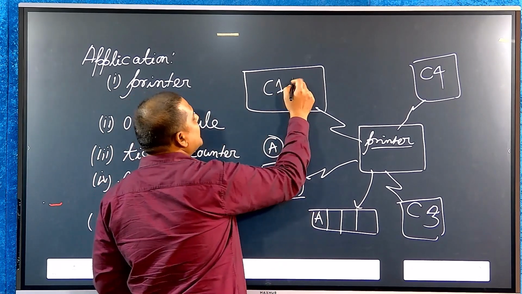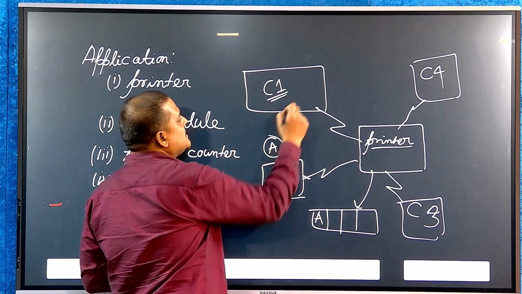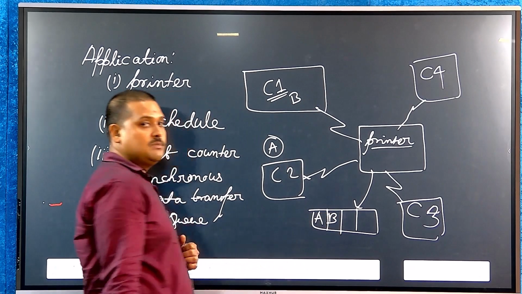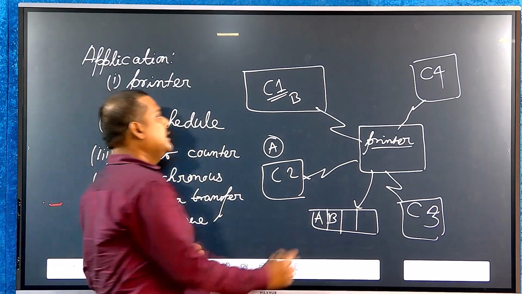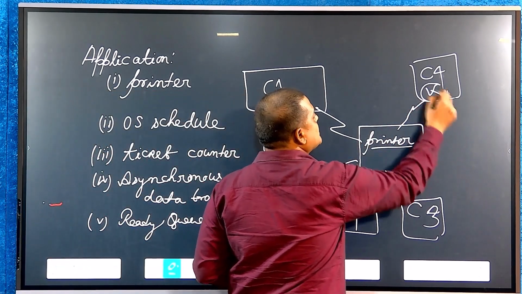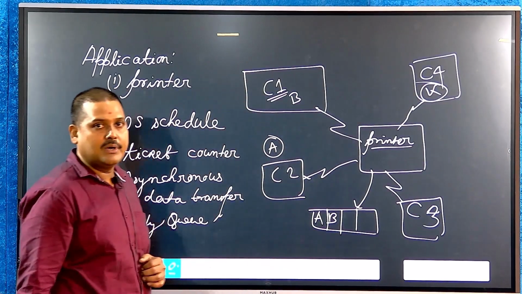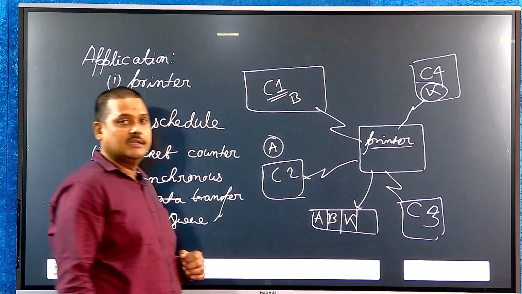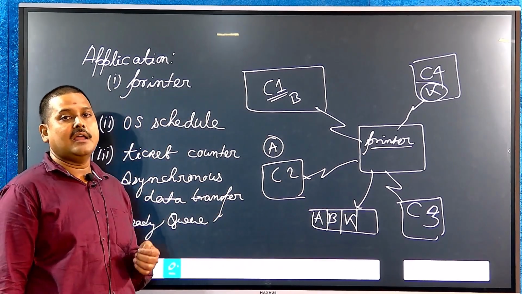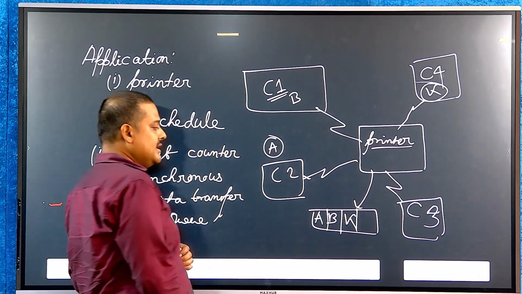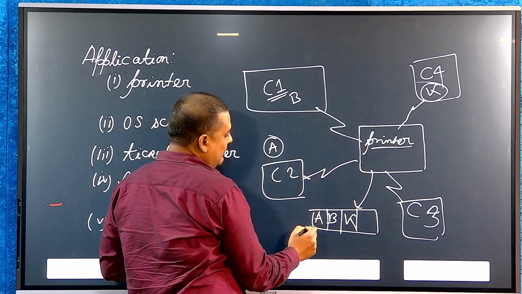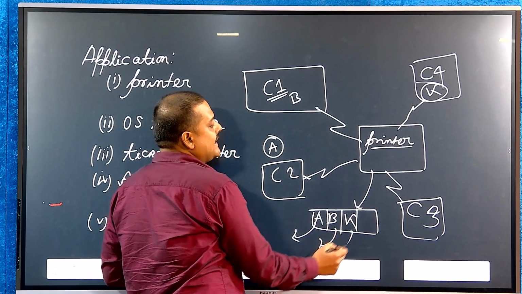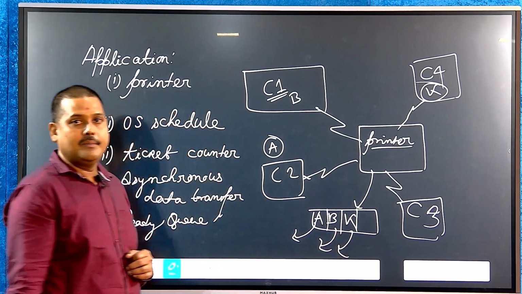Then C2 prints another document, B, which arrived next. Then C4 prints another document, K. So the tasks are stored in memory as per their arrival. In the printer, document A will be printed first, then B, and then K.